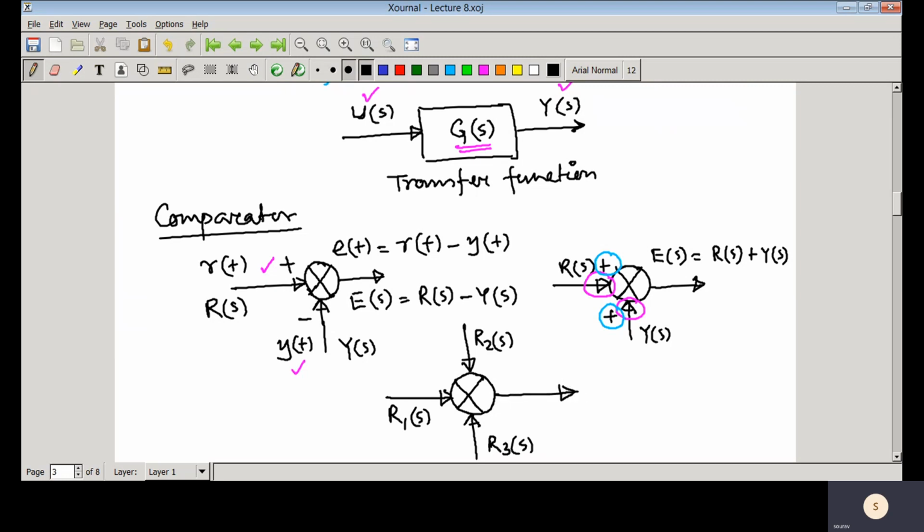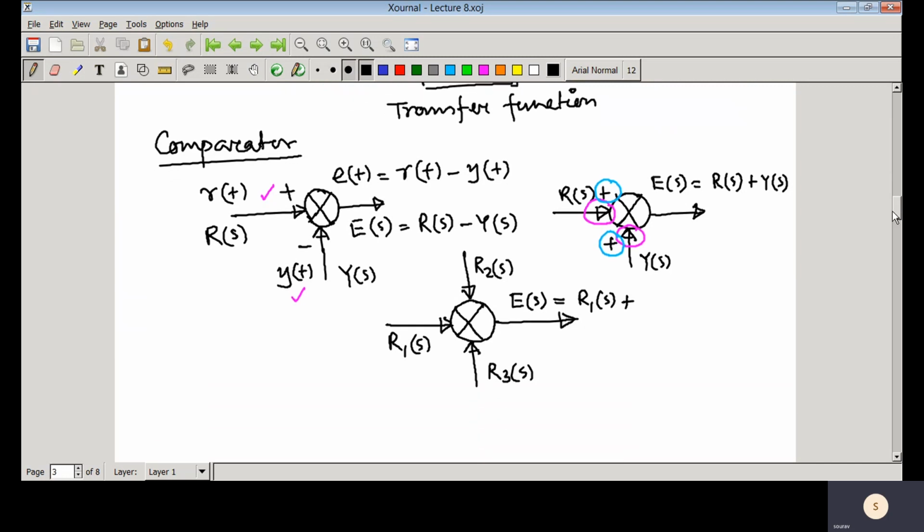So you can see that three signals are entering and one signal should be going out from that comparator, otherwise it does not make sense. E(s) would be equal to R1(s) plus R2(s) plus R3(s). So this is actually the basic operation that takes place in a comparator.